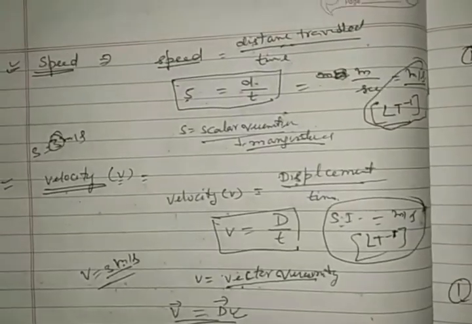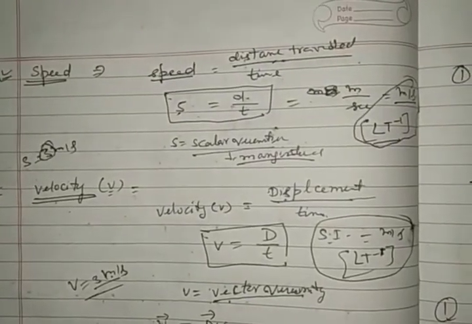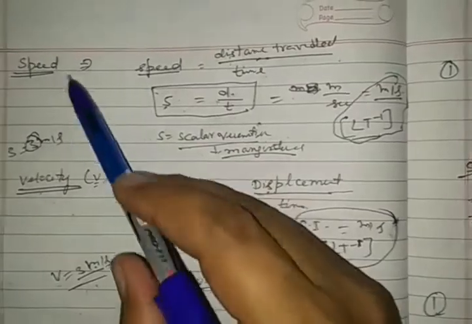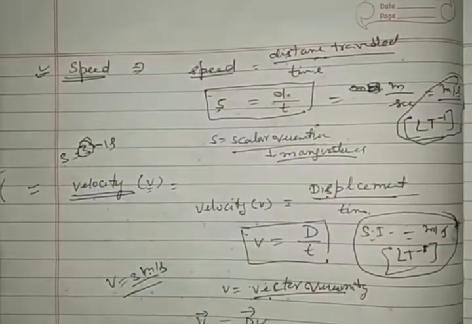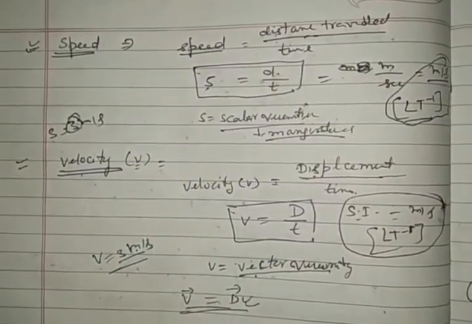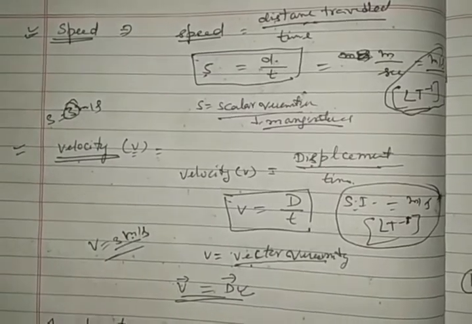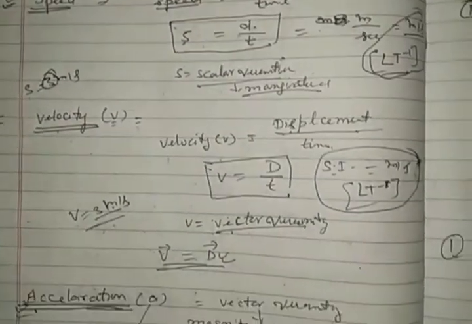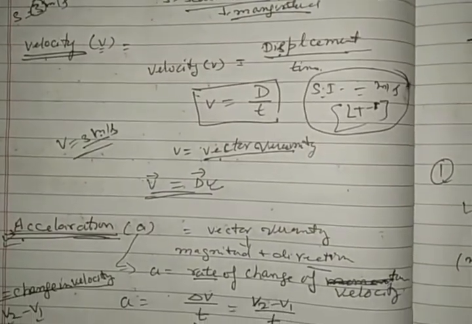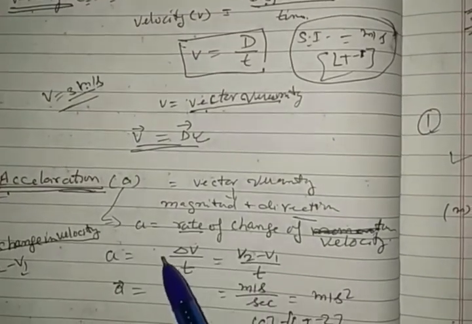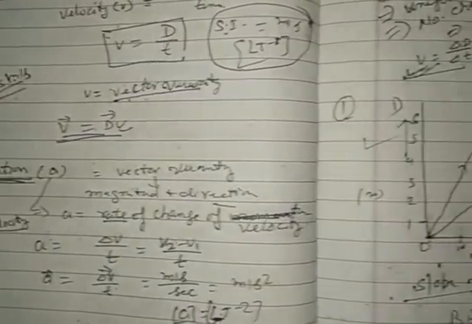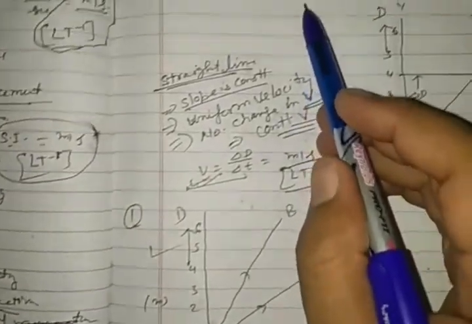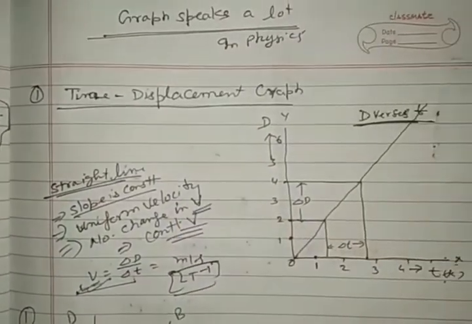Thereafter we went into speed and velocity, and their similarities and differences. We have also gone into detail about acceleration, which determines the rate of change of velocity. Thereafter we came to the graph.